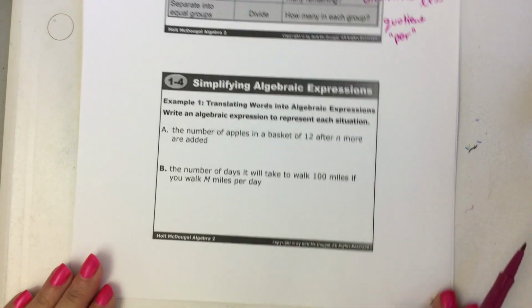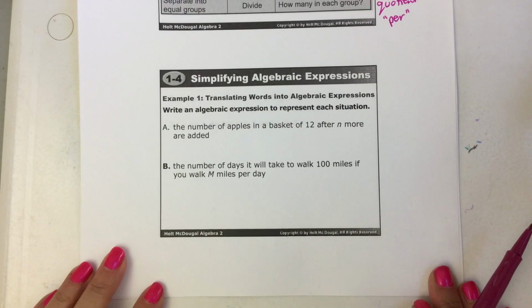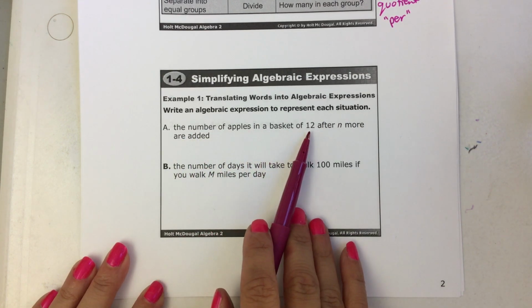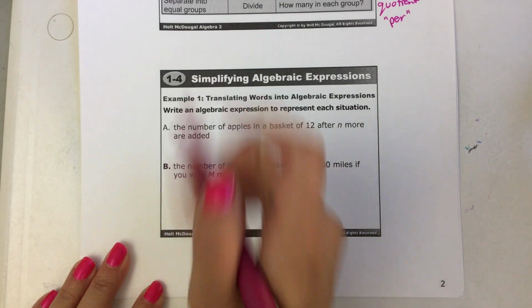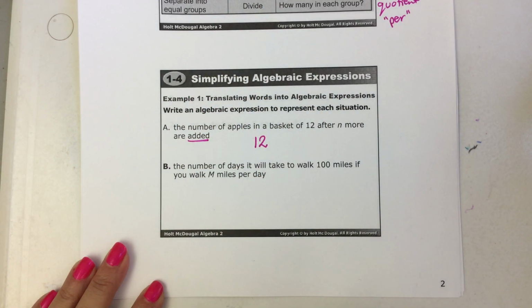So here are some examples. They start off pretty basic for us, which is a good thing. We're still in the first 2 weeks of school. The number of apples in a basket of 12 after n more are added. So you have 12 apples in a basket and you add n more. There's an algebraic expression.